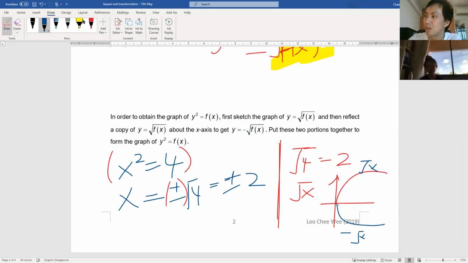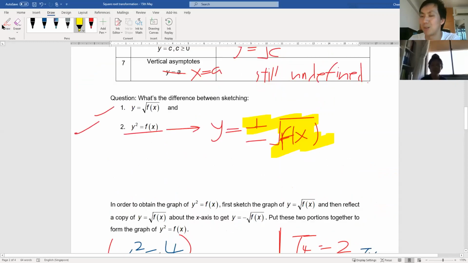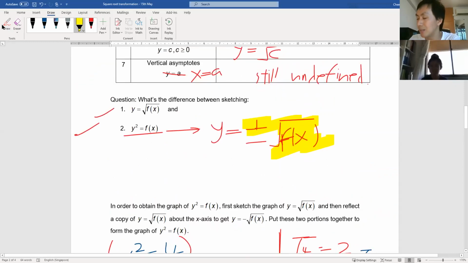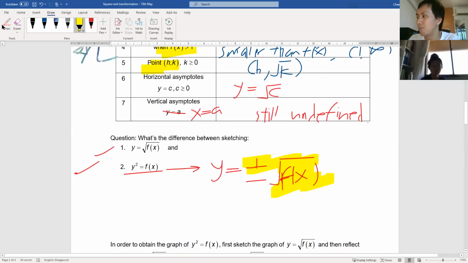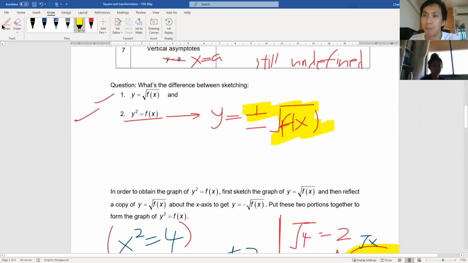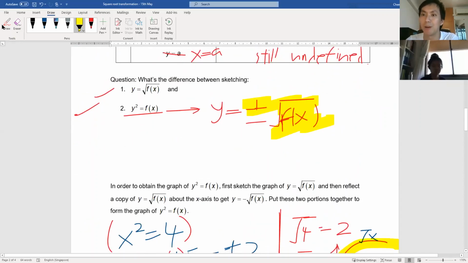The key is you should just focus on the positive side of things and then copy and paste it downwards, not flip. That's all really. So this completes your entire transformation chapter. The square root graph and the reciprocal graph can be combined together with your stretching, scaling and whatever else. That's all. Where does this come in the order of transformations?